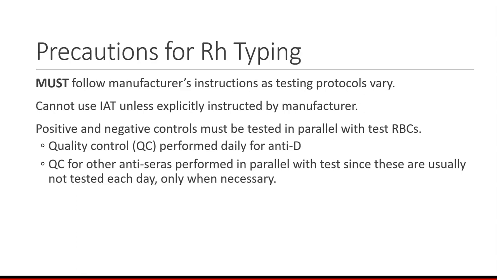For example, you don't test people for Rh antigens every day. The only time I will test a patient for the little e antigen is when they have an anti-little e. Because I don't use that reagent every day, you have to run the controls in parallel with your patient.